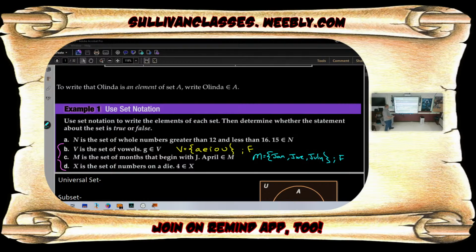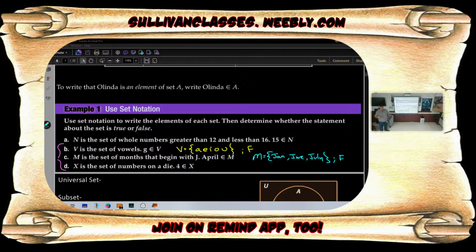X is a set of numbers on a die. You can tell they don't play D&D, okay? I got D6, D4, D8, D12, D10, D20. There they are. So that's why I specified it's D6. Otherwise, this might be a little bit different.